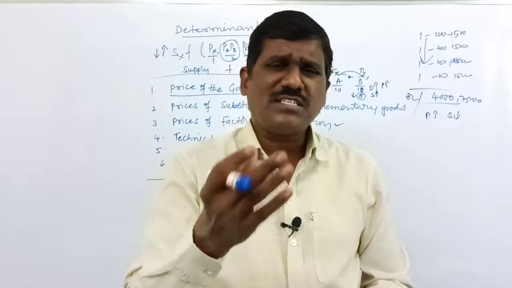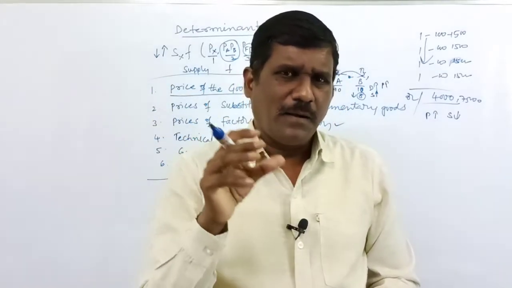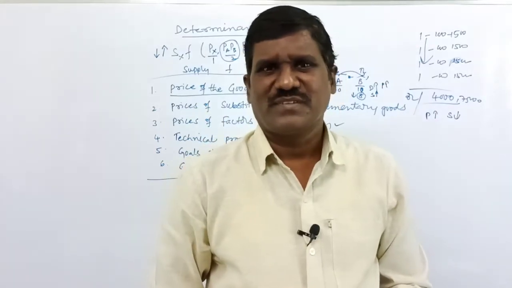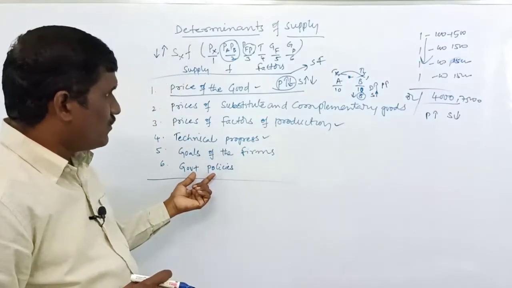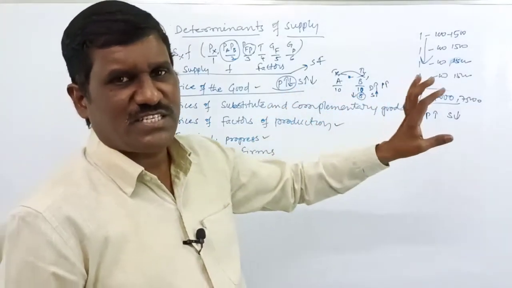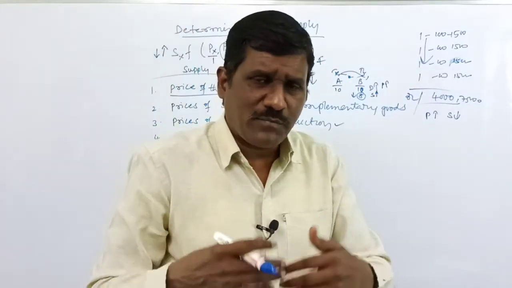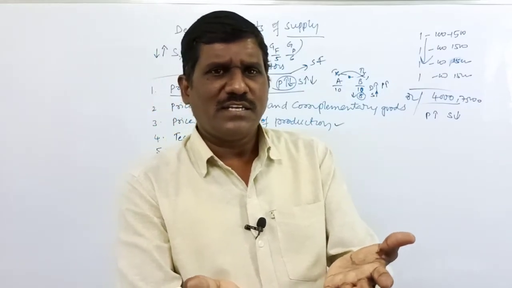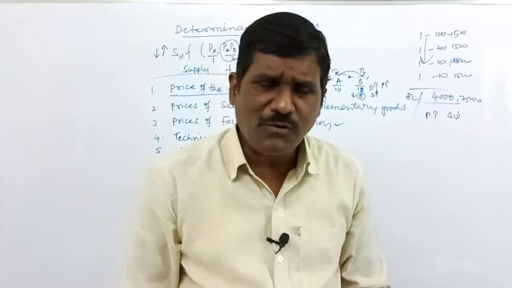So the policies of the government are also one of the factors affecting the competitiveness of sales of goods and services. So with government taxes, suppose the government provides more and more subsidies to industries or production, automatically the cost of production will be very low.